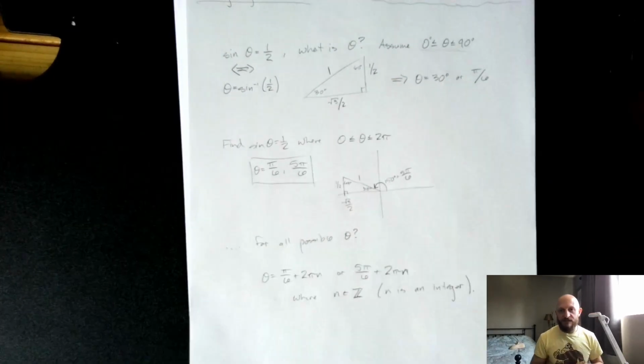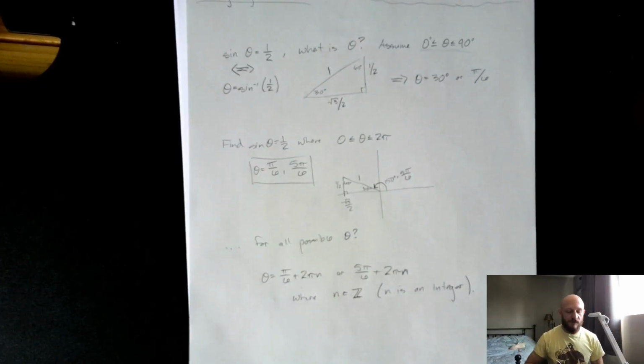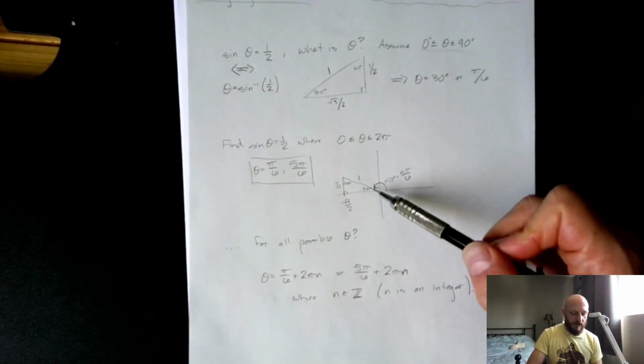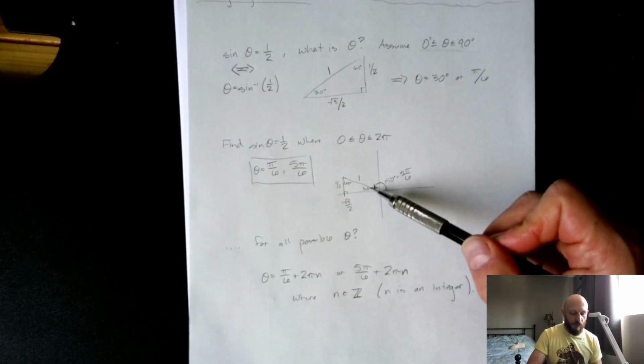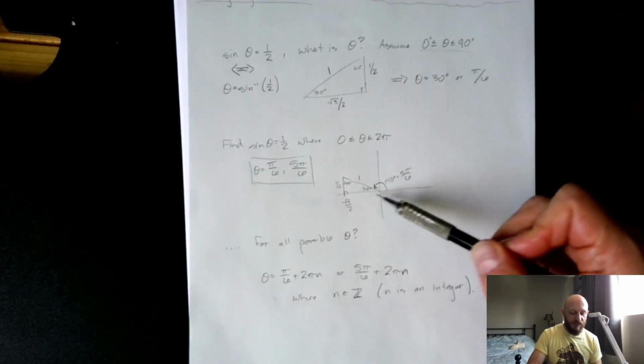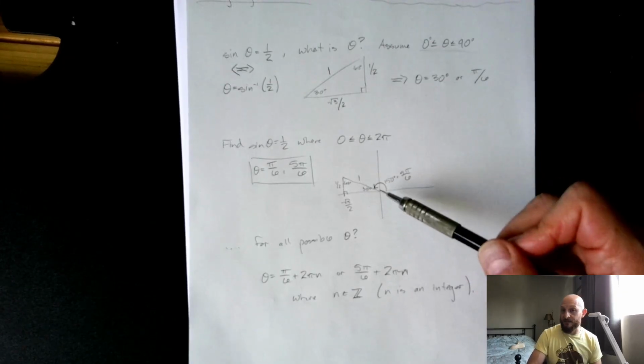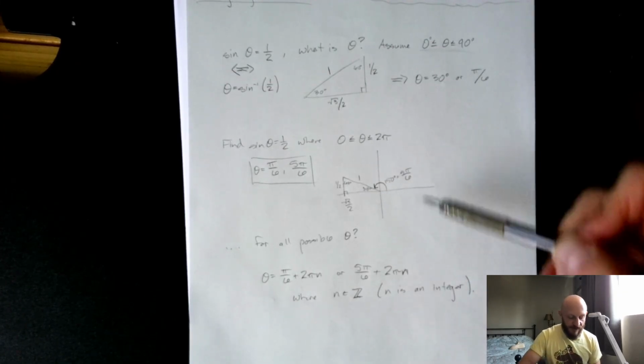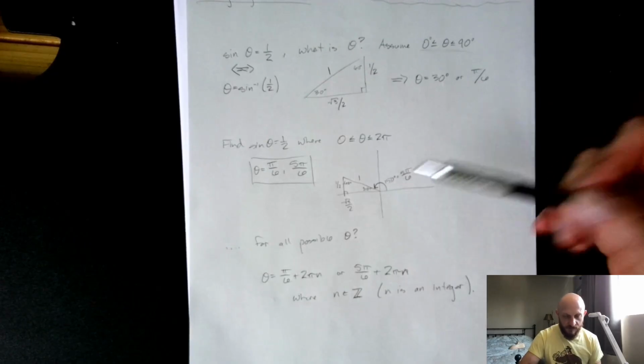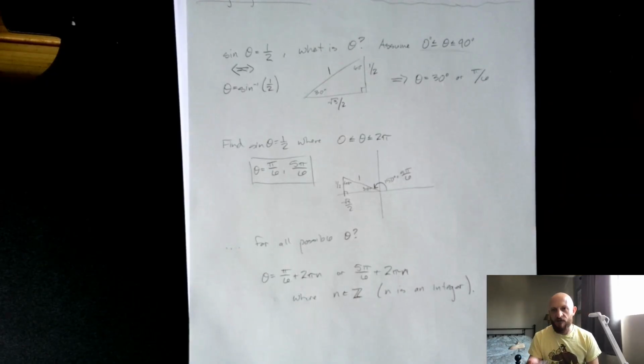This 2 pi n is just adding on 360 degrees every single time. So with this 5 pi over 6, add 2 pi onto there, you end up at that exact same angle, even though the angle is not 150 degrees, it'd be 510 degrees.